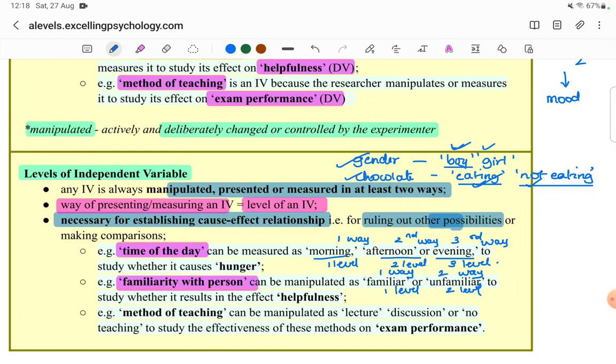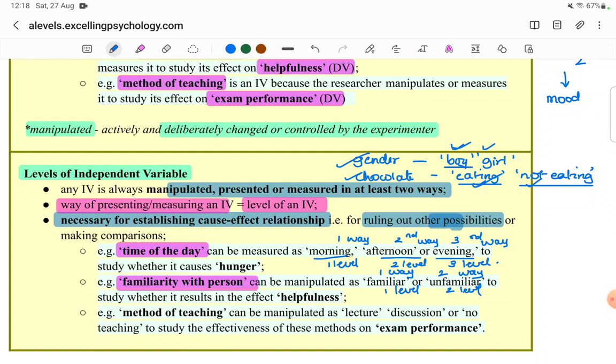A researcher could manipulate this variable. He could get his participants to become familiar with some individuals by making them have a meeting for a few minutes, and he could keep them unfamiliar towards other people by not allowing them to meet. Or he could naturally measure participants' relationships with certain people.